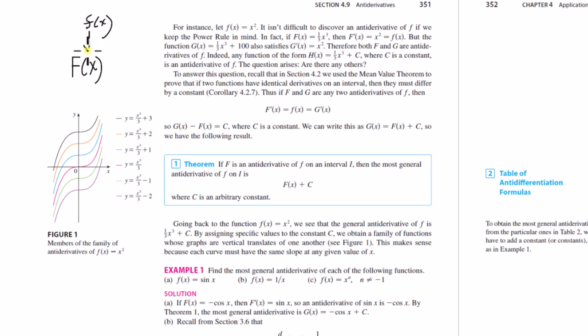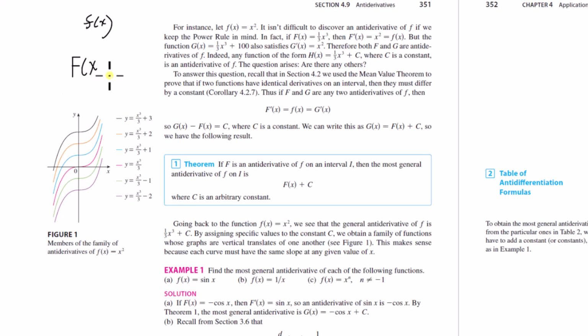You're going to find, and this is a little confusing, capital F of x is going to have only terms that have x's in them. I just said that lowercase f of x could have terms that don't have an x in it, but the capital F of x only has x terms.